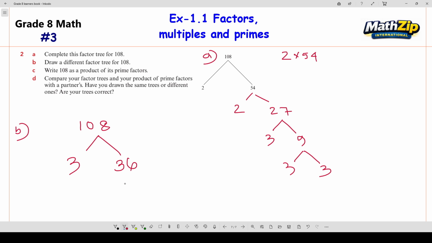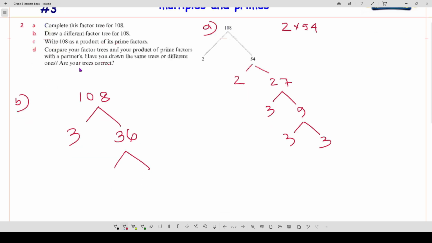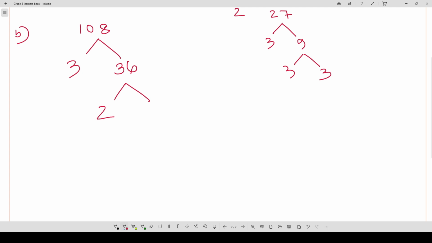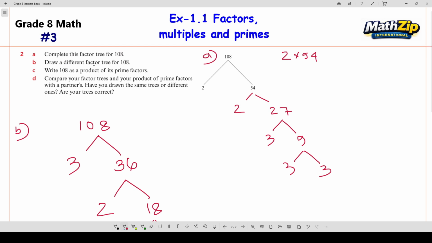Then this 36 we can write as 2 times 18. This 18 we can write as 2 times 9. This 9 we can write as 3 times 3. Okay, so draw a different factor tree for 108. So this one is number B.